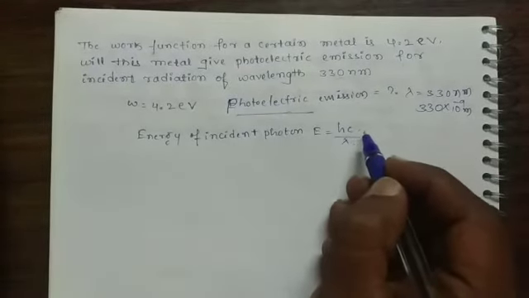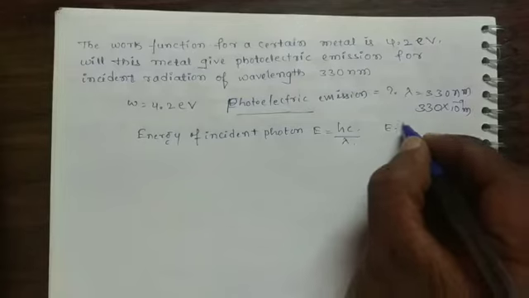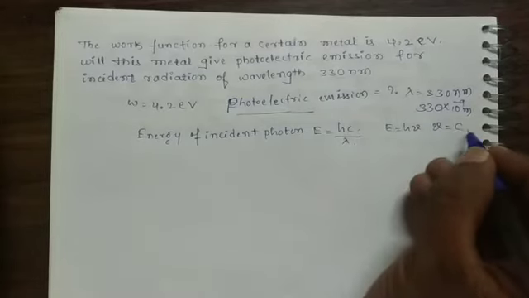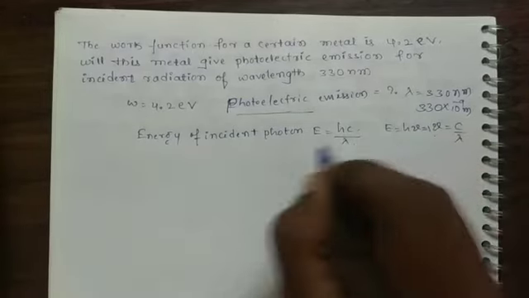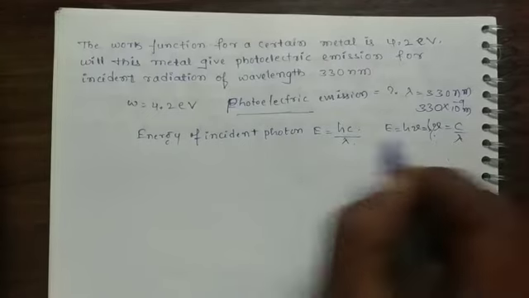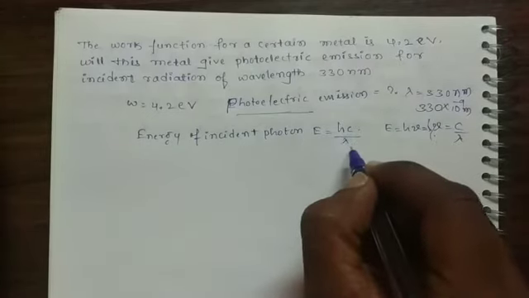Why? Because E is equal to h nu, and nu is equal to c by lambda. So we consider E is equal to hc by lambda.